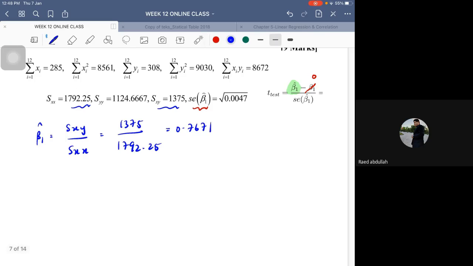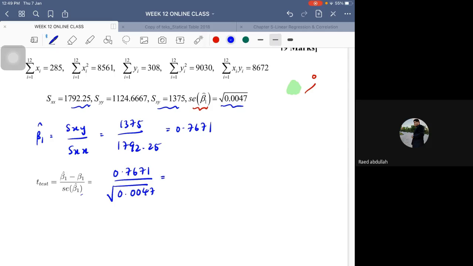Now that we have all the information, we can straight away calculate the t-test. This is my t-test, and I'm going to start substituting. The beta 1 value at the top is going to be 0.7671. At the bottom, I need the standard error of beta 1, which is already given, and that is 0.0047, and the square root of that particular answer.